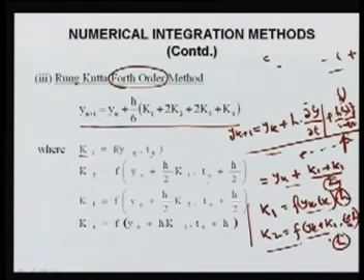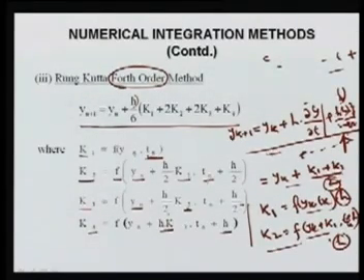In the earlier case k1 included h, but here we have taken h outside, so k1 is simply a function of yn and tn, k2 is a function of yn plus h by 2 k1 and tn plus h by 2, k3 uses h by 2 k2, again with h by 2, and k4 is a function with h k3 and the full h value. You can see that half is used in two places, and in the last one h is completely used. So this is the fourth order Runge-Kutta method.